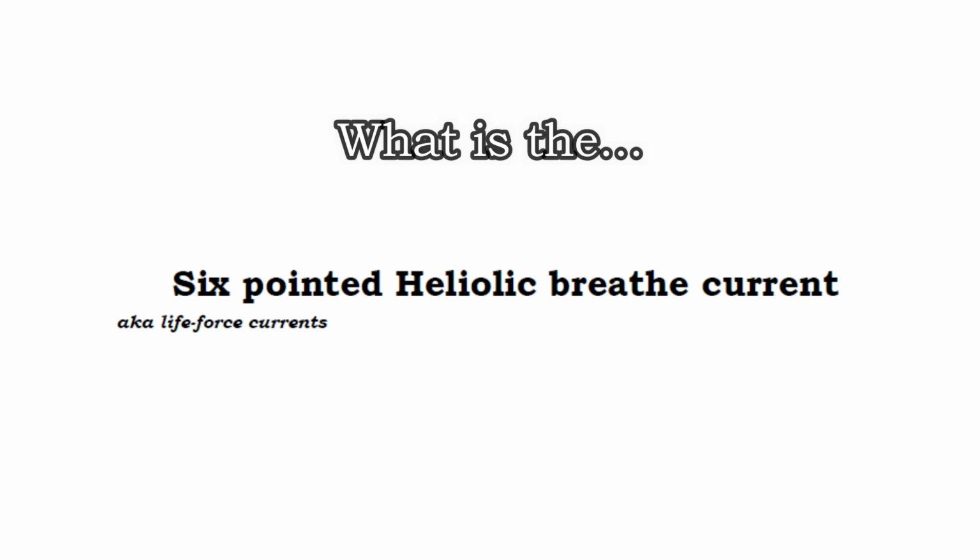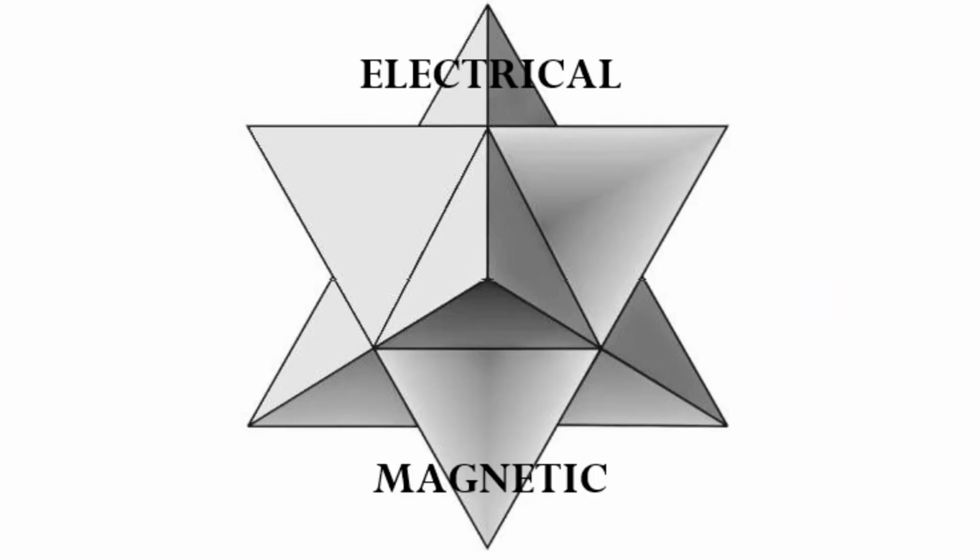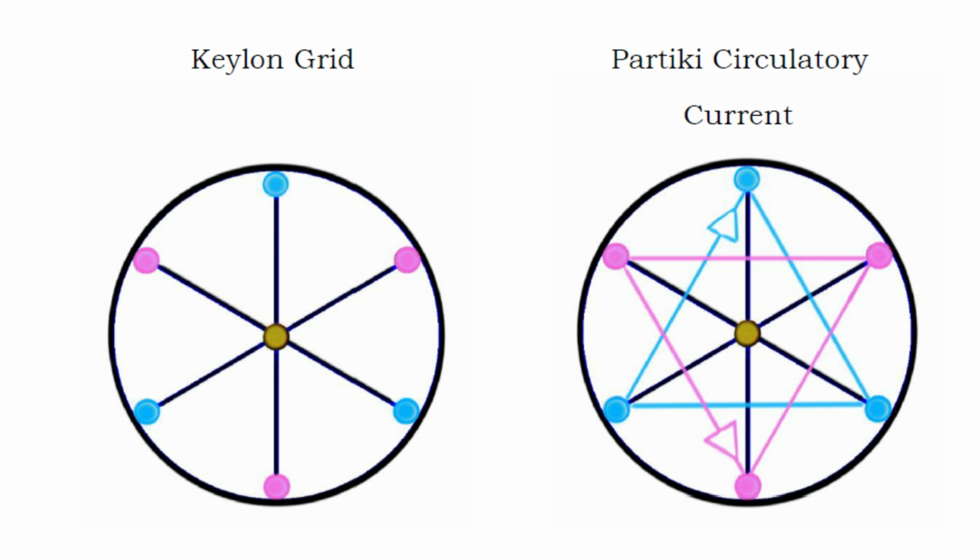All right, so when you hear the use of a 6-pointed star, okay, or breath current, this is the life force currents. You'll notice here we have a two-dimensional image of a Heliolic grid. And right next to it, we have a particae circulatory current depiction.